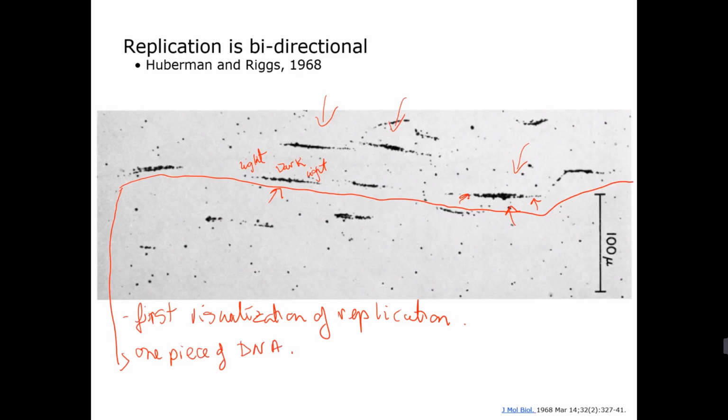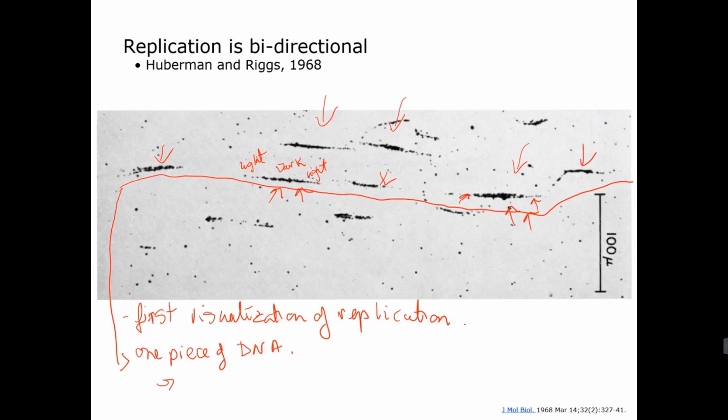And what's cool about this is that you can see this one piece of DNA has multiple positions where replication is initiating. So we have one position here, one here, again another one here, here, and down here. So on this one fiber, there's 1, 2, 3, 4, 5 different regions where replication is starting.